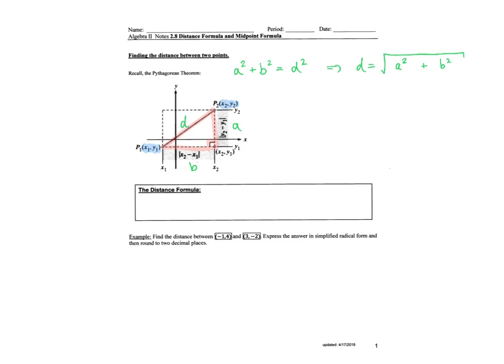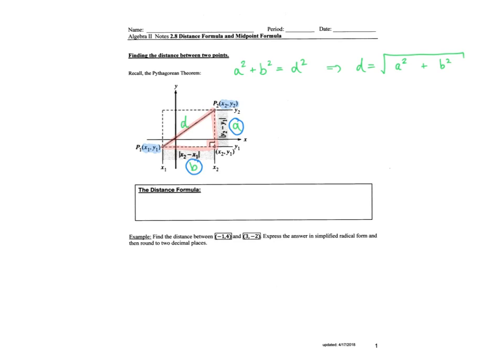So b, that horizontal length, is simply the distance horizontally between the points. That's the absolute value of x2 minus x1, because that's how we can use absolute value to measure distance. And similarly, the vertical length is the absolute value of y2 minus y1.